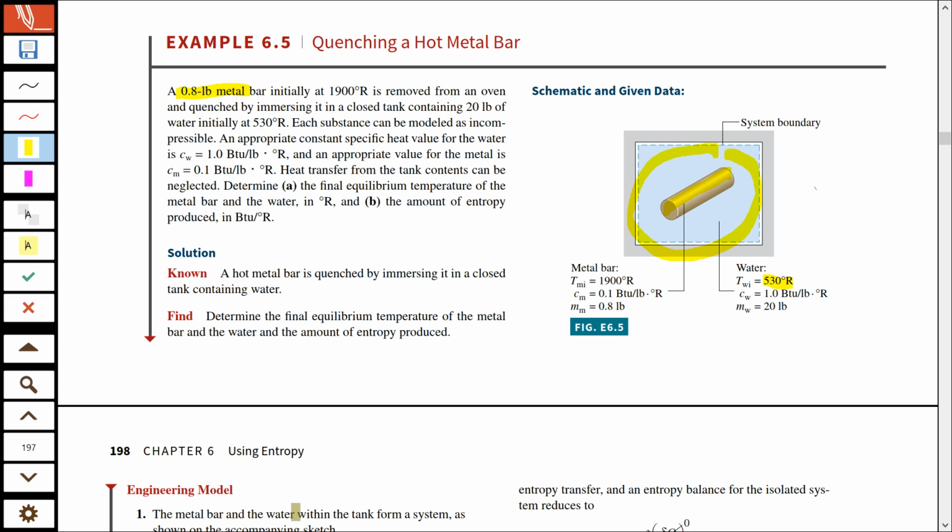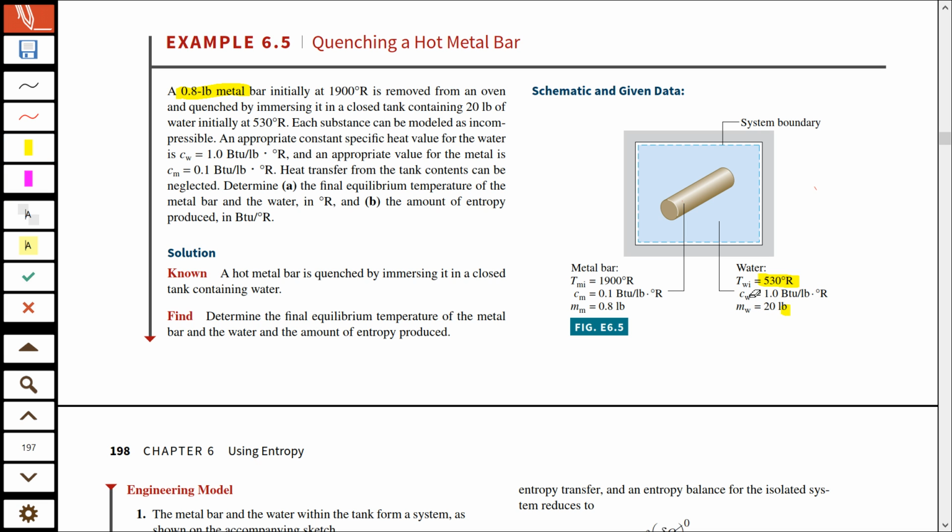So now, in the immediate surrounding of the metal bar, if you think of the metal bar as the subsystem, the immediate surrounding is water, and the initial state of water is given to you. All these values: initial temperature of water, the specific heat of water, and the mass of water.